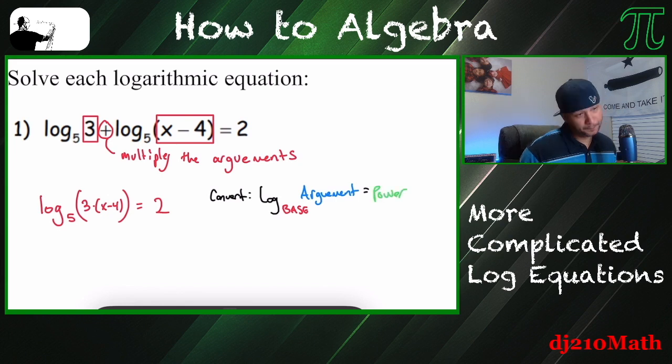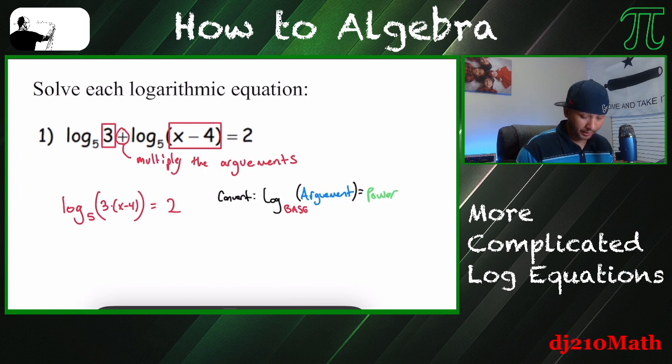Okay, so typically a log is shaped this way, right? You have the log notation. You have the base, which is a lower index. Then you have something in parentheses, which we call the argument. And then it's typically equal to some value or something else. In this case, we're going to call it the power. And you'll see when we convert it why I call this the power.